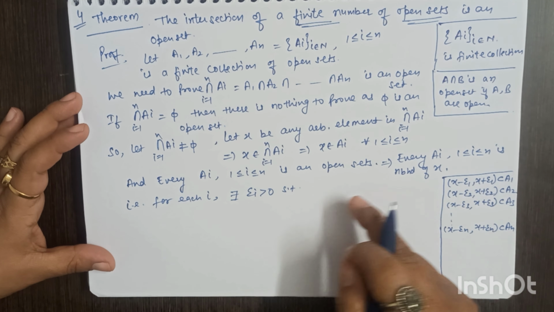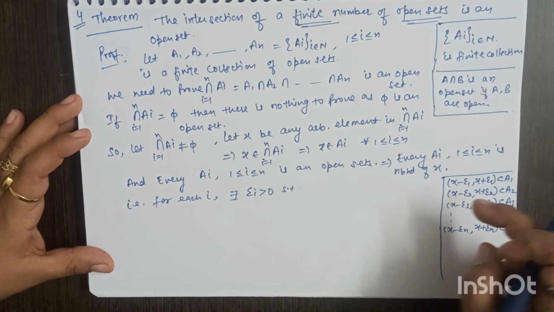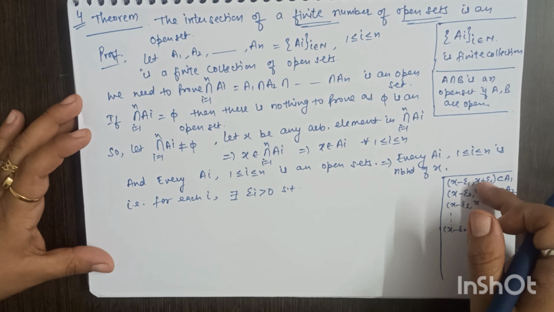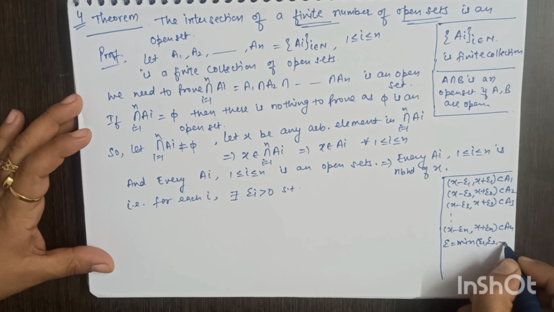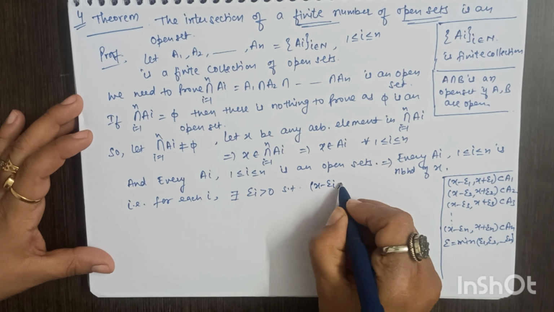So if I need to prove that the interval containing x belongs to the intersection, I need to choose the minimum epsilon, so that the interval containing x with that epsilon is a subset of each and every Ai.